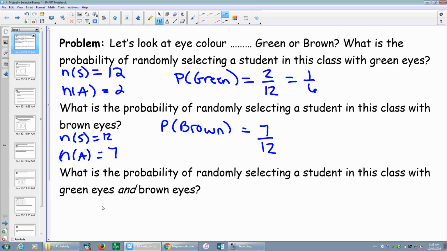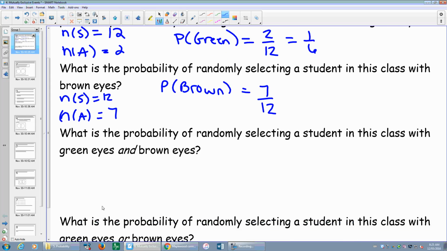Now, the next question says, what is the probability of randomly selecting a student in this class with green and brown eyes? Does anyone see a problem with that question? Can you have both green and brown eyes? That's hazel. Some people do. The chances are you can't.